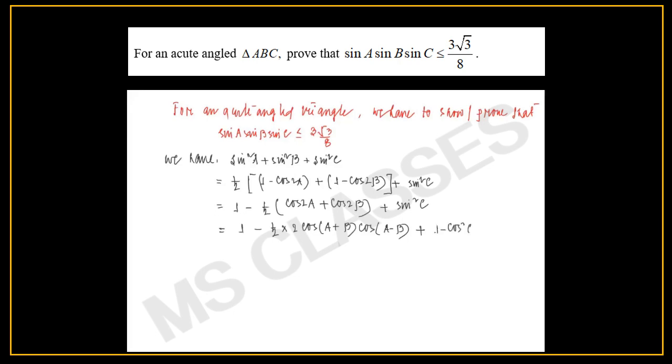We are trying to put it in terms of cos. The reason is here we have A plus B, which can be compared to cos C. Now here we can write 1 plus 1, that is 2, minus cos C into cos A minus B, and this one as it is. Just we write it in this format.